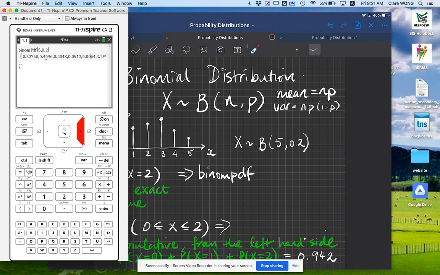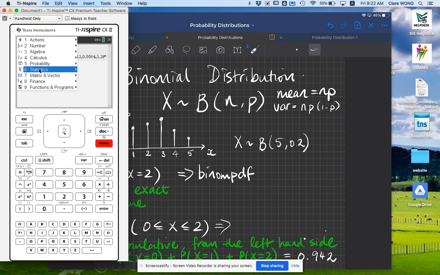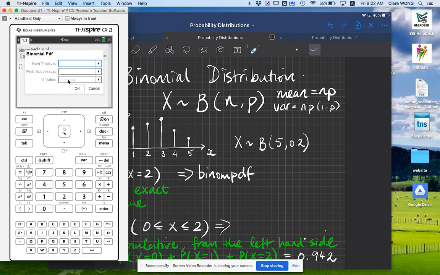But we can see already when x is equal to 2, it should be 0.2 over 8. But let's say, well, we just go back to the menu, go to distribution, PDF.